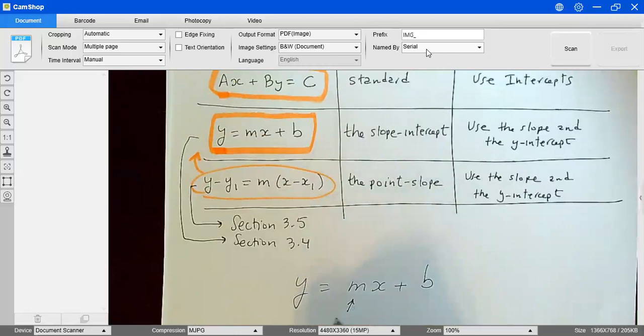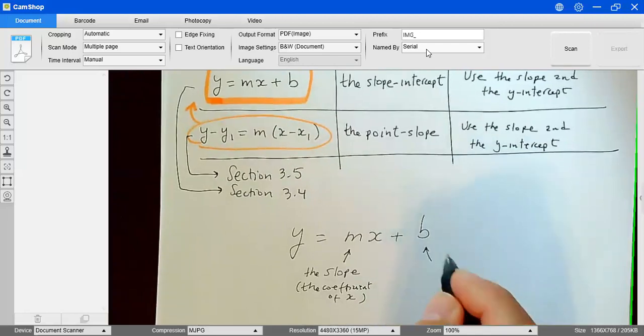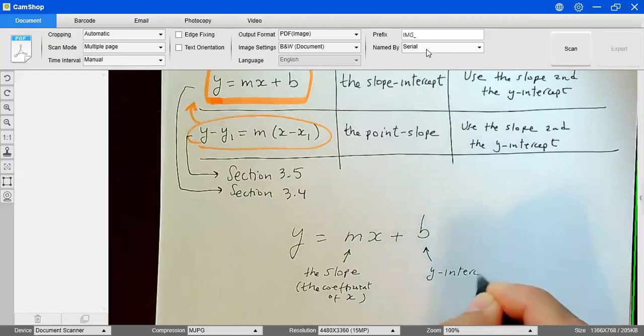This is going to be the slope of the equation, m, the coefficient of x is going to be the slope. And b, with its sign, is going to be the y-coordinate of the y-intercept.